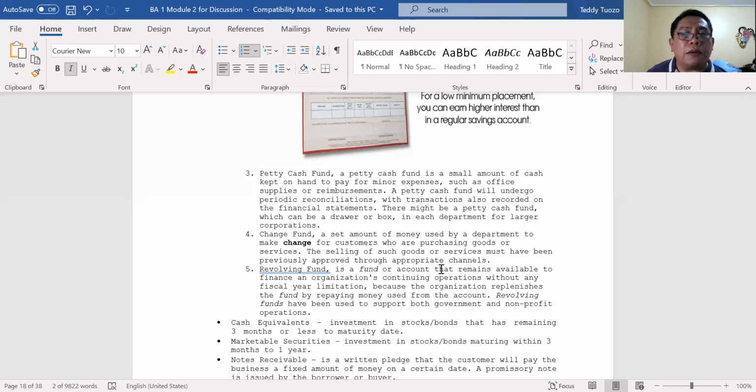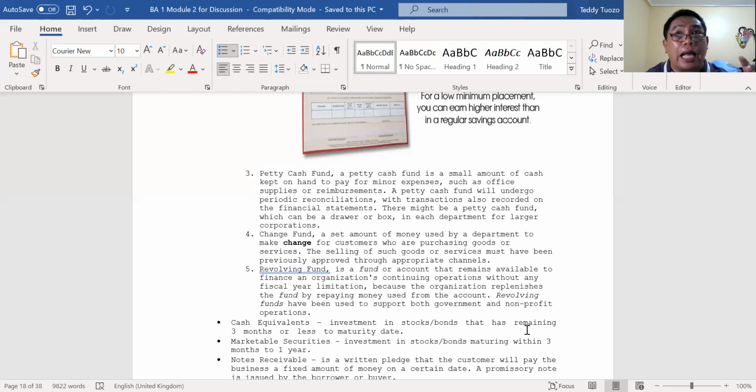Then cash equivalents are investments in stocks or bonds that have remaining 3 months or less to maturity date. So kung lisod ko sa subton class, buti pa sabot if joy ko may investment sa stocks and then bonds, pero kinahanglan and pre-requirement is 3 months or less an ija maturity date rakan nabilin for it to be classified as cash equivalent.